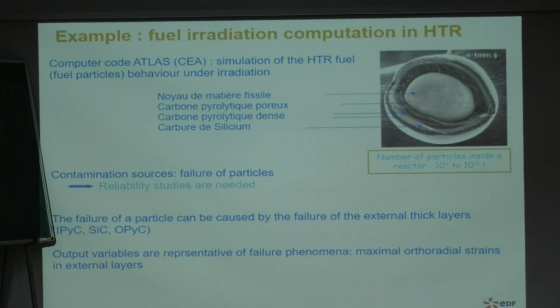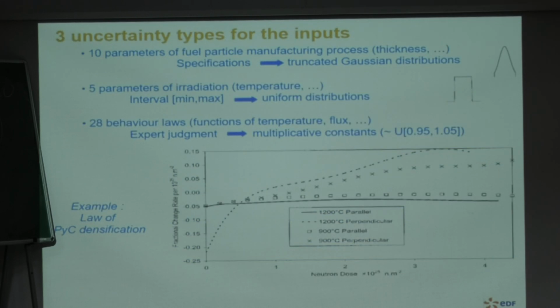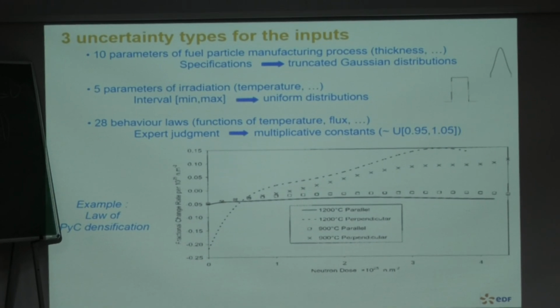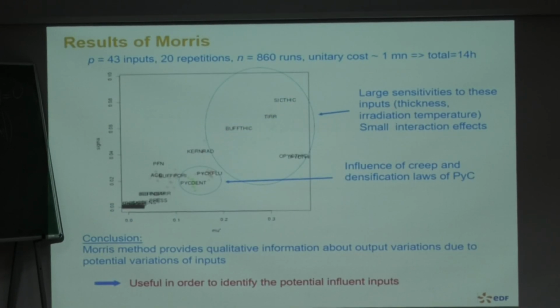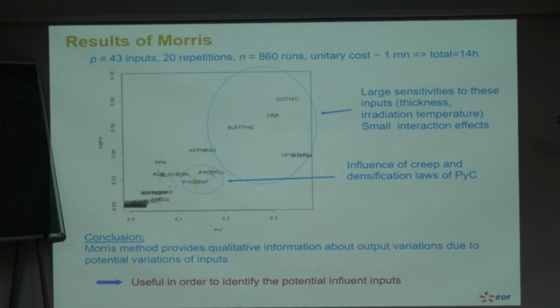Okay. I have an example in my domain, a nuclear reactor, so I will not detail the example. I will just say that we have applied this on something with 43 inputs, 43 dimensions, and with 20 repetitions.